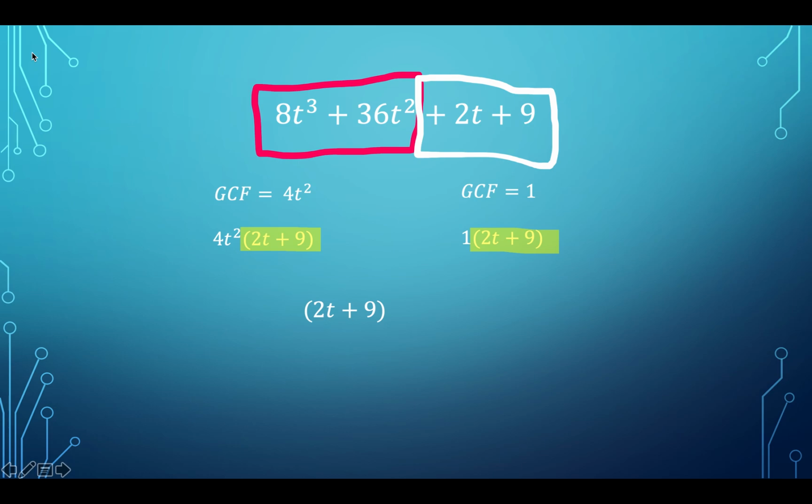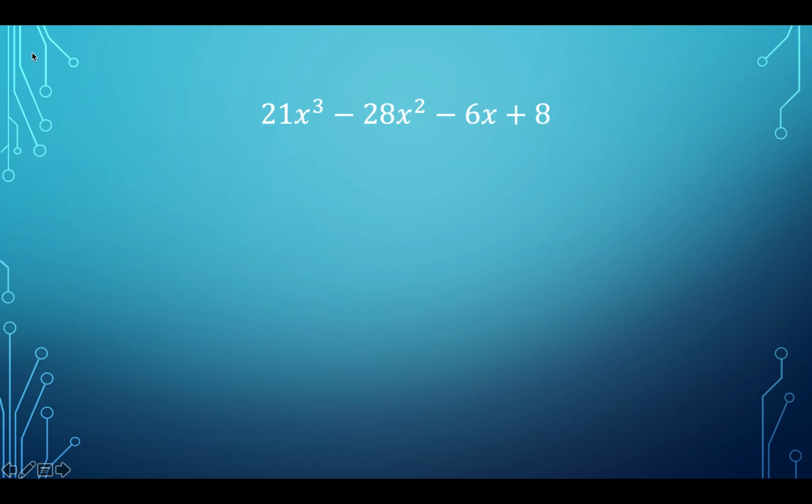We rewrite one of them, so we have 2t plus 9 at the bottom, and then we group the 4t squared and the 1 together, and we get 4t squared plus 1. So our final answer is 2t plus 9 times 4t squared plus 1. That is our final answer.